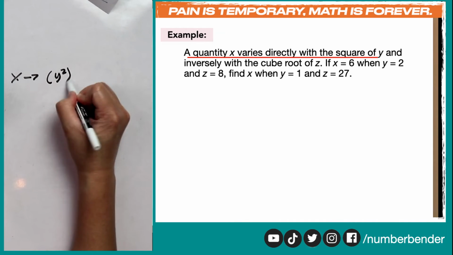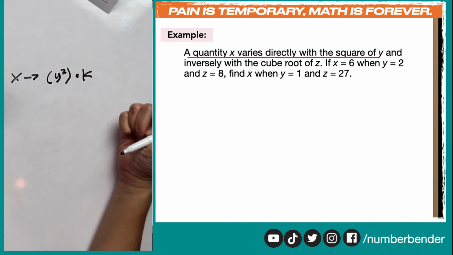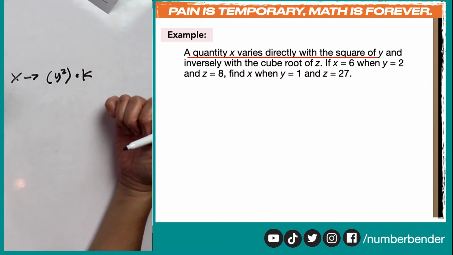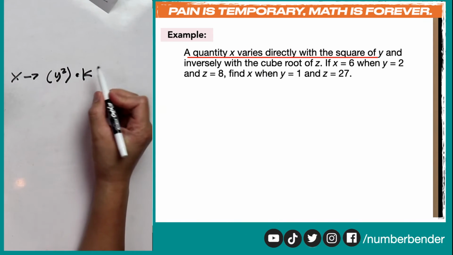So we know that in the first relationship, the constant k is always present, which is the unique number associated with the pattern in this relationship.